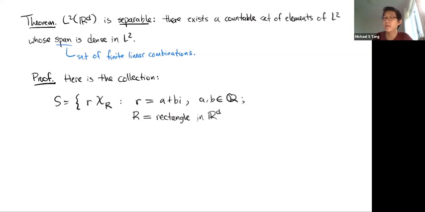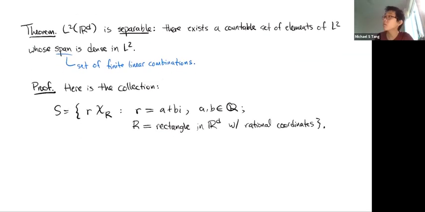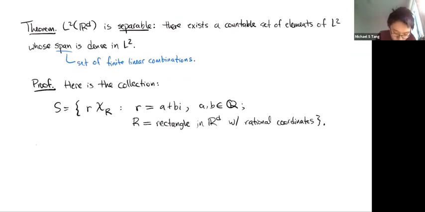That means if you look at the upper and lower boundaries in each dimension, those are rational numbers. Note that this is a countable set, which is what we want.